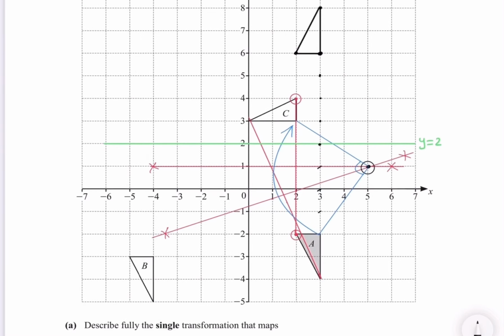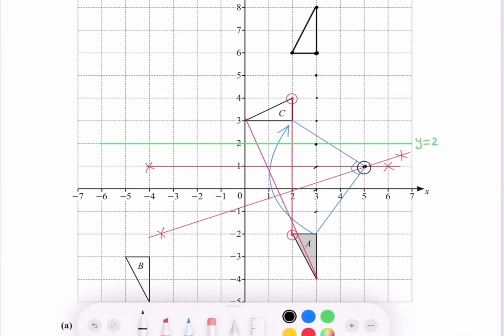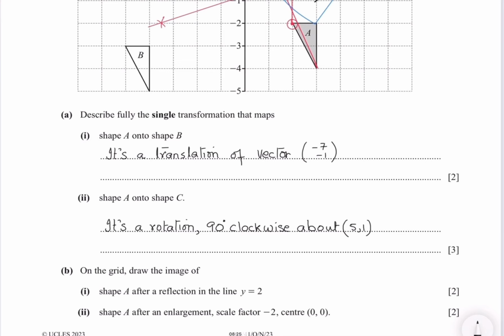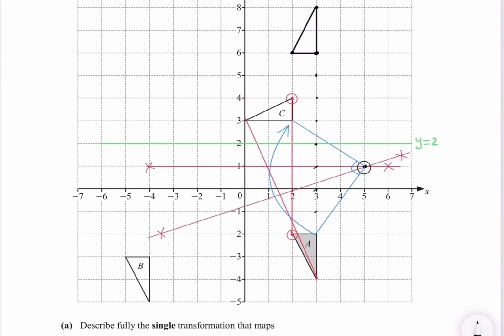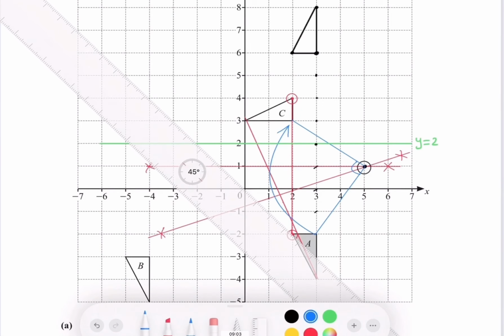In the third part, you have to enlarge, and the center of enlargement is given 0,0 and the scale factor is given -2. So from every point on triangle A, draw a line that crosses through the center of enlargement, which is 0,0, like this.